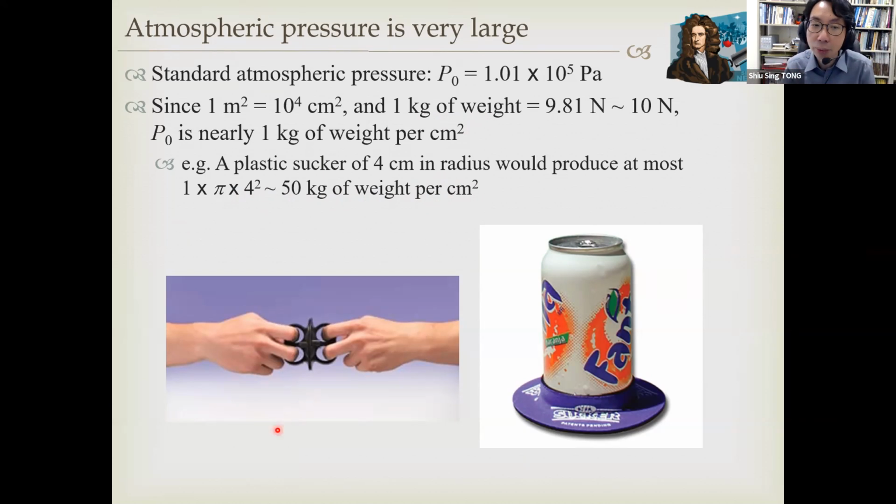But of course, this will not be the actual force required to pull it apart. The actual force is less. It's about 1/2 of it at most. Okay, because inside there, between the two surfaces, is not a complete vacuum. There is still some air inside, and so the pressure from the outside will not be pressing exactly on a vacuum. Okay, so the force will be less than the maximum value. Sorry for the typo. Please cross out the per cm square here. Okay.